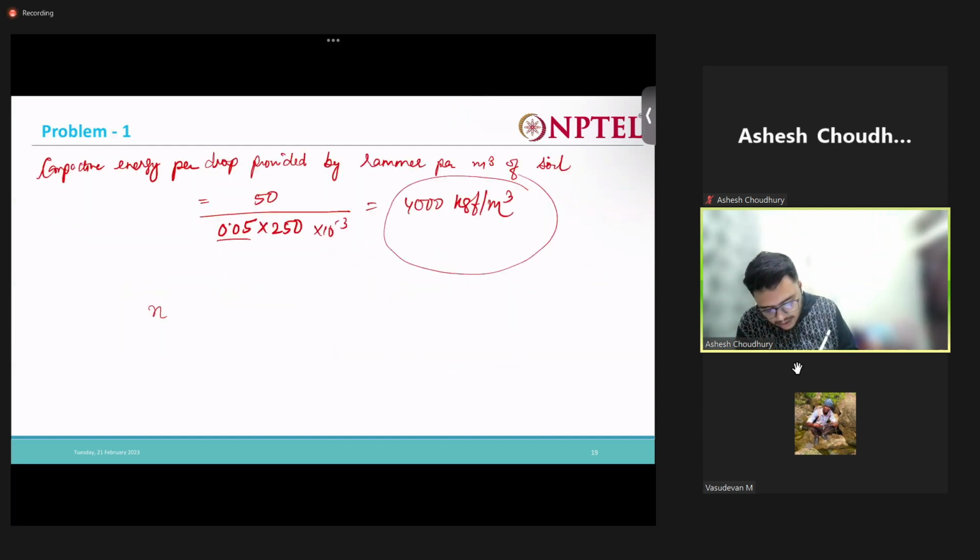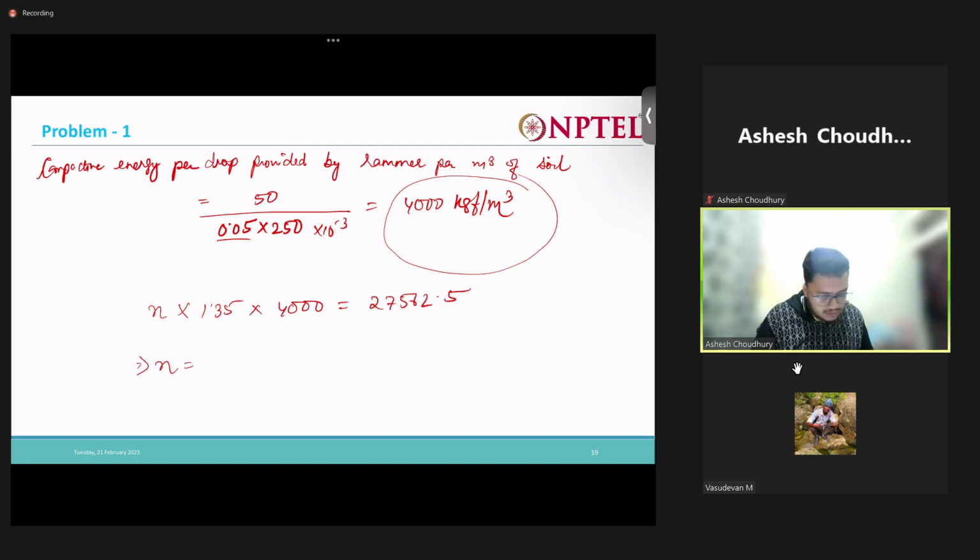So n is the number of passes, and one more thing, it is written that 35% more is passed in each pass. So 1.35 into 4000 is equal to 27562.5. If we calculate n from here, what will it be? 27562.5 divided by 1.35 into 4000, approximately 5.1.